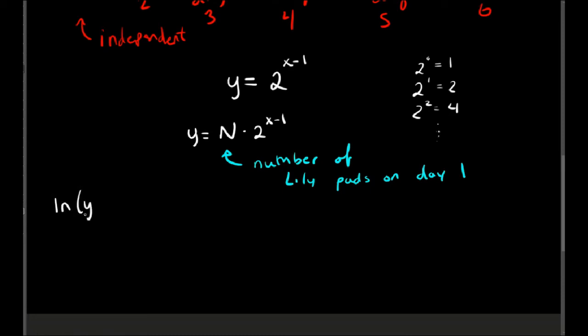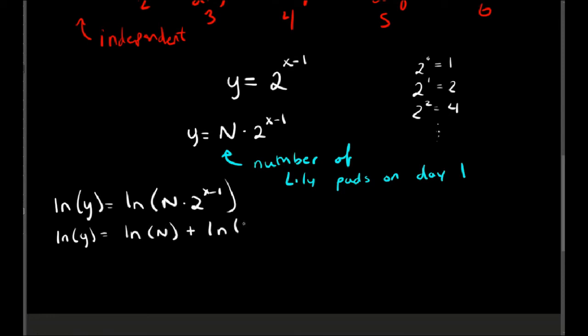So the first thing I'm going to do is take the natural log of both sides, and then I can use my properties of logs to split the right-hand side of the equation into the natural log of n plus the natural log of 2 to the x minus 1 power. Remember, if I have multiplication inside of a logarithmic function, I can always split that up and rewrite it as the sum of 2 logarithmic functions.